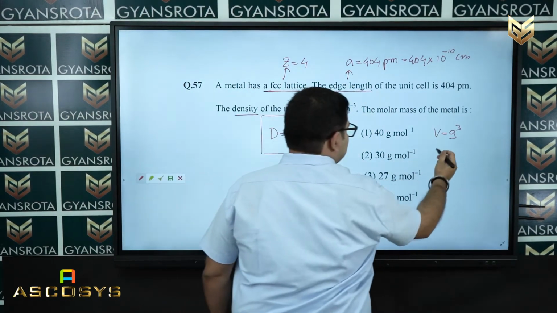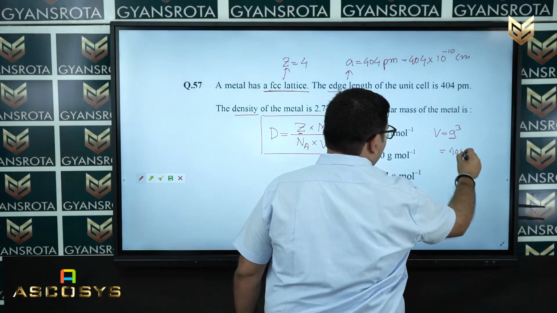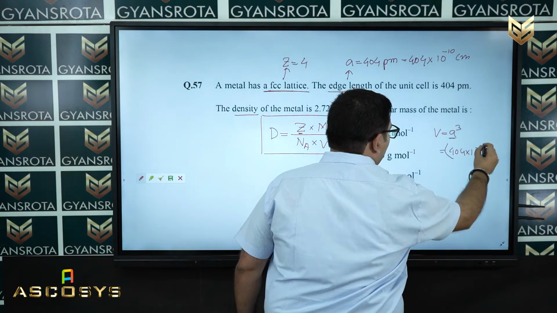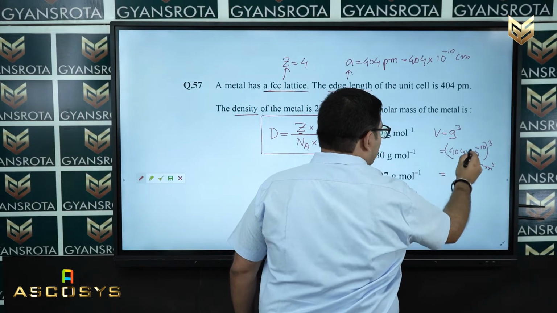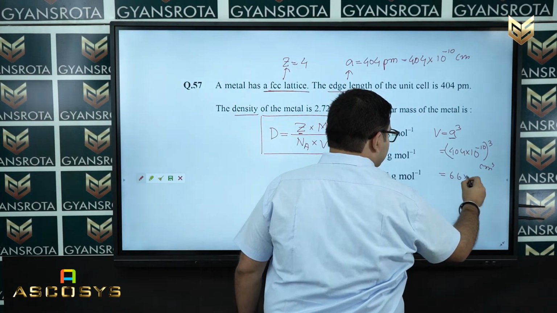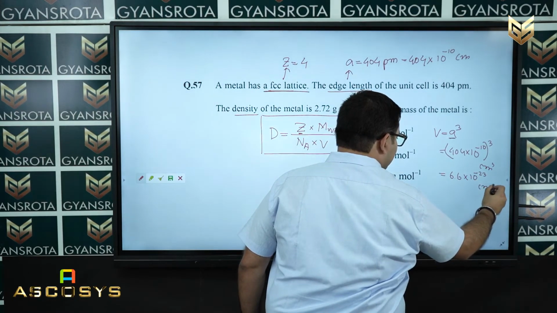Now let's calculate V. A cube is nothing but 404 into 10 to the power minus 10 whole cube centimeter cube. If I solve this one, the value comes as 6.6 into 10 to the power minus 23 centimeter cube.